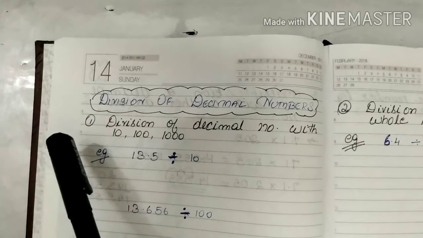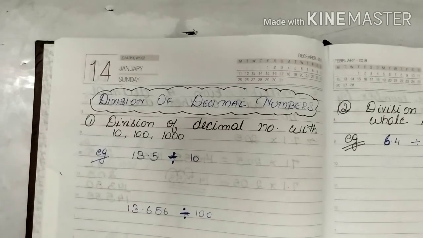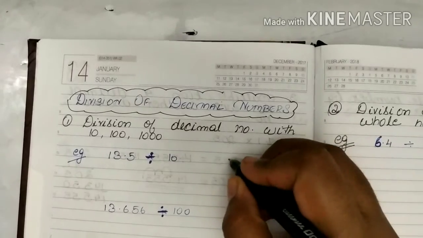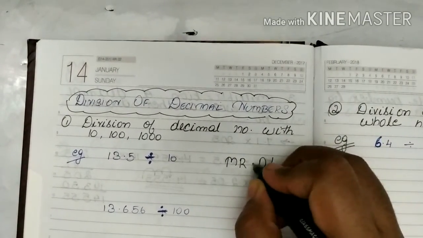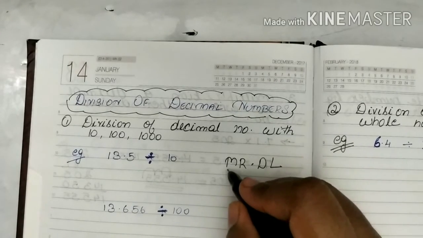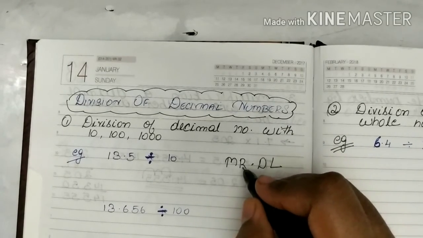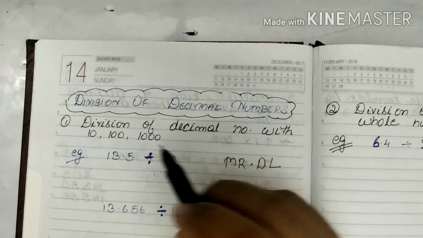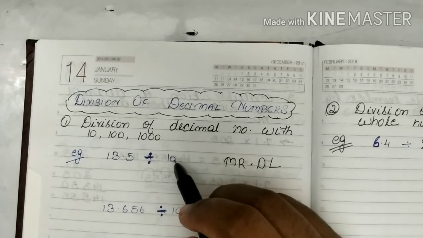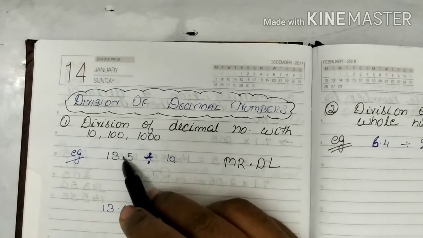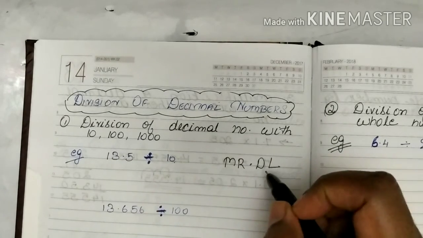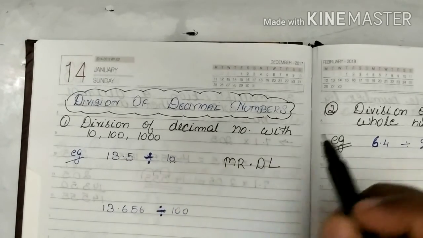I have already told you the simple rule that you should follow: multiply right and divide left. Whenever we multiply by 10, the decimal point will move right depending on the number of zeros, and whenever we divide, the point will move left depending on the number of zeros.